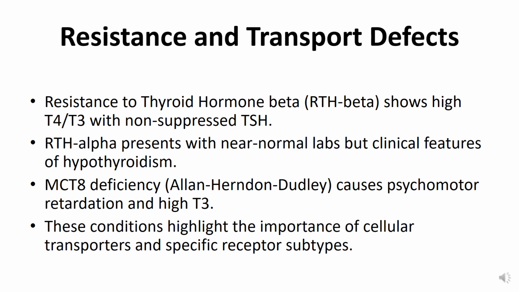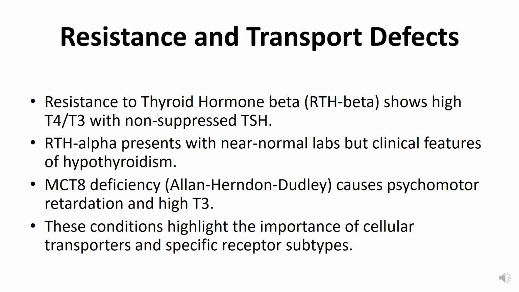In this condition, mutations affect the thyroid hormone receptor beta subtype. The body produces high levels of T4 and T3, but many tissues cannot respond normally to those hormones. Because the pituitary gland also becomes partially resistant to thyroid hormone feedback, TSH secretion is not fully suppressed.